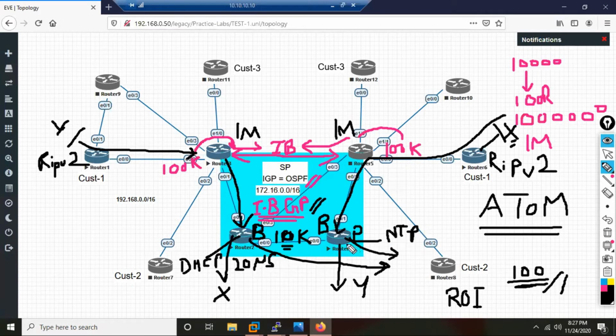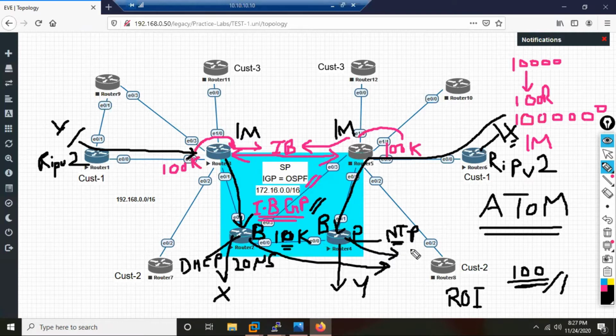And then they call up their customers and say, okay, we have started this service. If any one of you needs DHCP services, or NTP services, or other applications, they started running application protocols like DHCP, maybe DNS, maybe NTP.